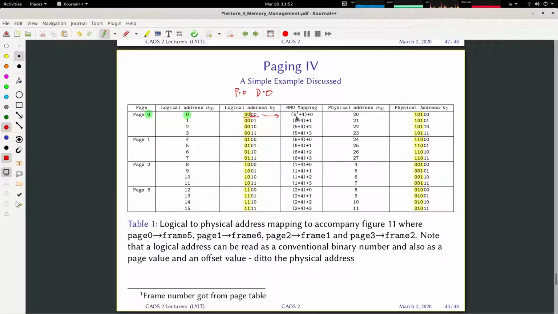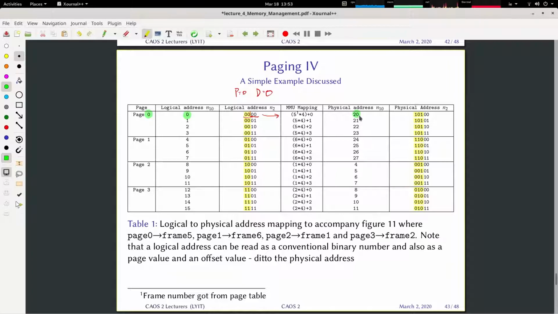With the frame number, it multiplies 5 by 4, which is the size of frames in the system and also the size of pages, and adds that to the second component of the logical address, which is the offset inside the page or frame. So 5 times 4 gives us 20. Add on the 0 and that gives us 20 also, and the mapping is thereby achieved: logical address 0 is mapped to physical address 20.